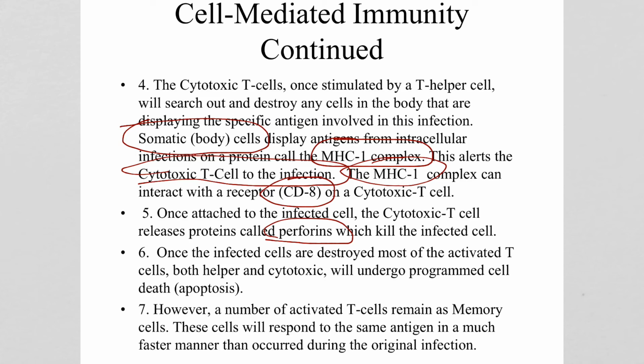Once the infected cells are destroyed, you don't really need all these T cells floating around. So again, they undergo programmed cell death or apoptosis. But just like what happened in humoral immunity, this process generates some memory cells, which will be with you probably for the rest of your life. And they essentially make you immune to this particular pathogen or antigen if it gets into your body in the future.